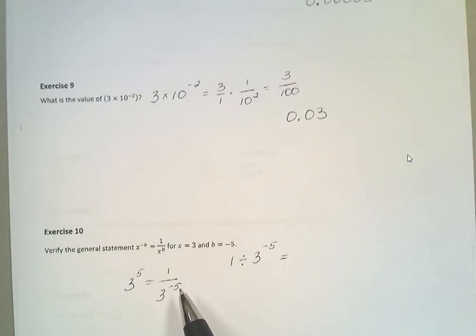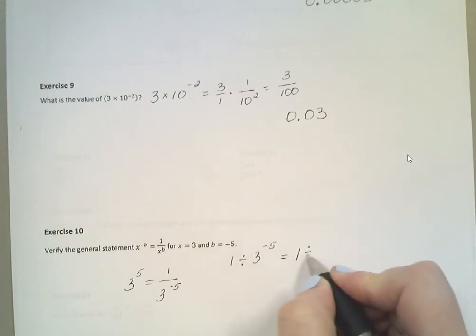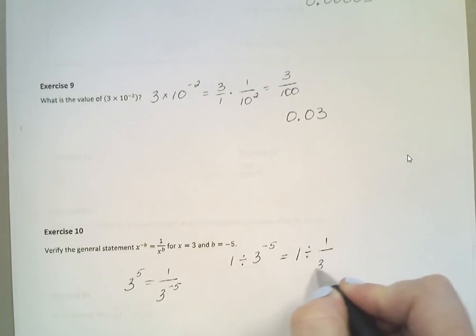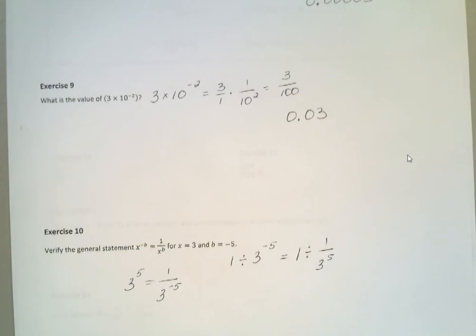And we know that every fraction is a division problem. So I rewrote that as a division problem. 1 divided by 3 to the negative fifth. Now, using our rules for negative exponents, let's transform 3 to the negative fifth into a fraction. 1 divided by 1 over 3 to the fifth. According to our knowledge of fractions, when we divide fractions, we multiply by the reciprocal, correct?